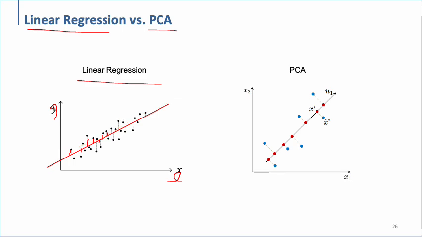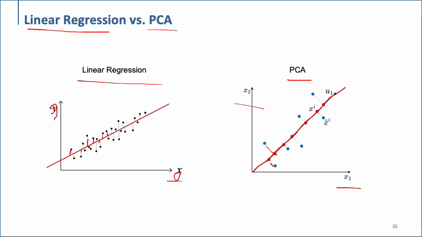But in comparison, PCA is also calculating error, but in this case, you need to calculate the error along the U1 axis instead of x1 and x2. Although these two graphical representations look similar, the idea is totally different.